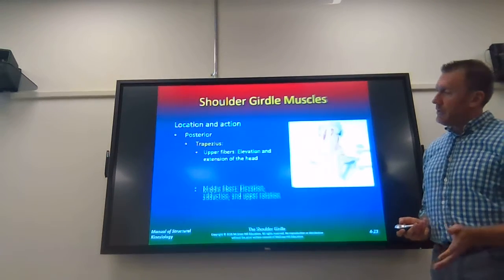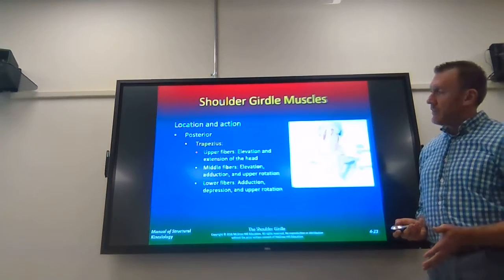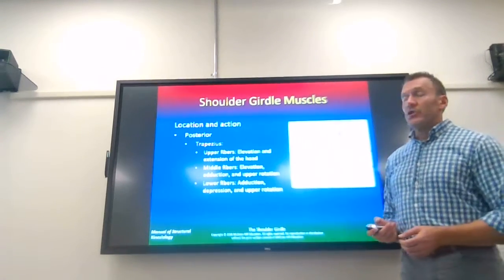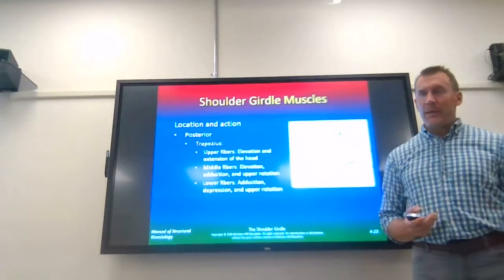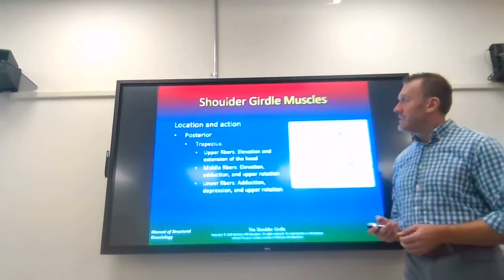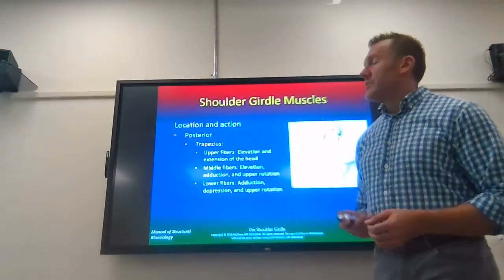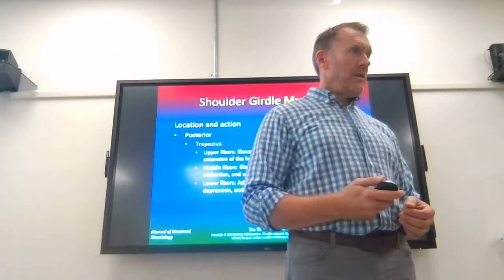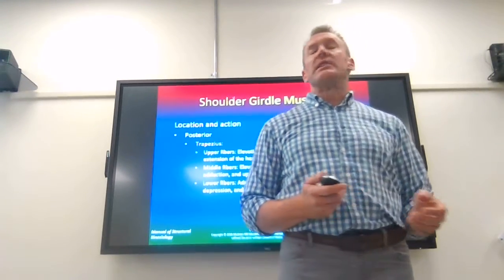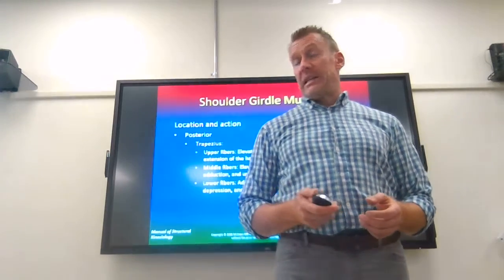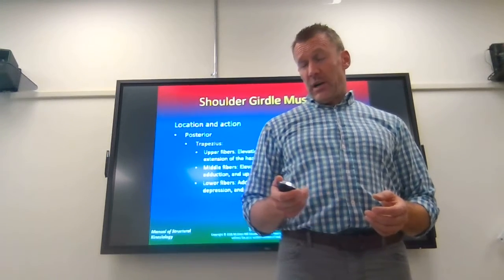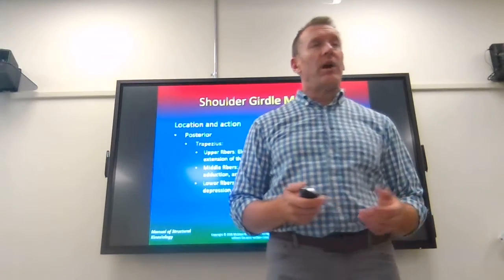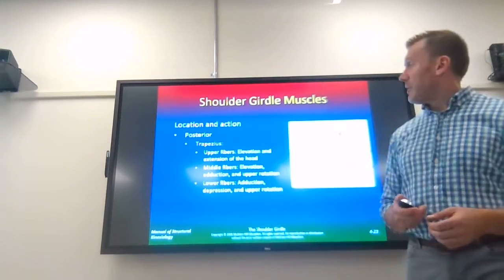Okay, so posterior, we've got the trapezius. It has 3 different segments, with different nerve branches, different fiber alignments and attachment points. The upper fibers along with the rhomboids contribute to elevation, so shoulder shrugs, and with the movement we had today during the first pull of a power clean, definitely imparting momentum through scapular elevation.